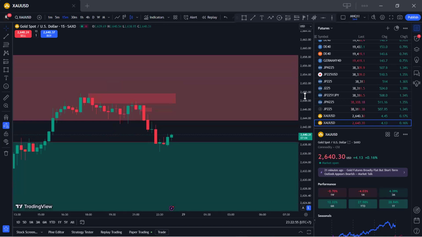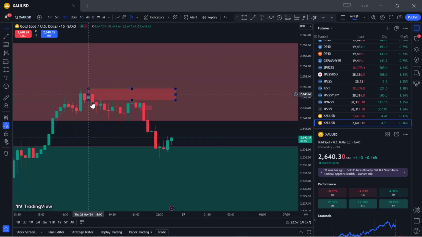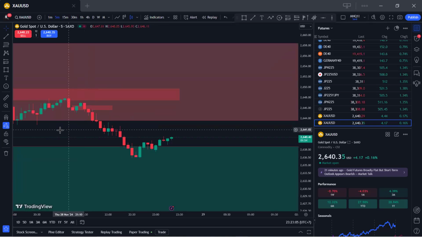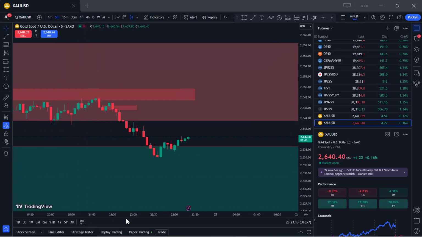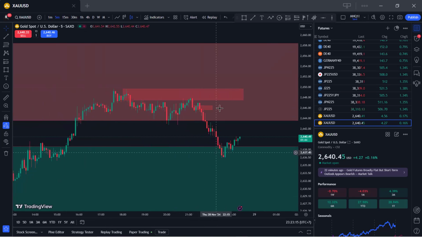So on M15, we got an EG sell. Price went back in it. We go to M5. We get EG sell in M5, and we got an entry. And where will the price go? Until the next H4 zone.